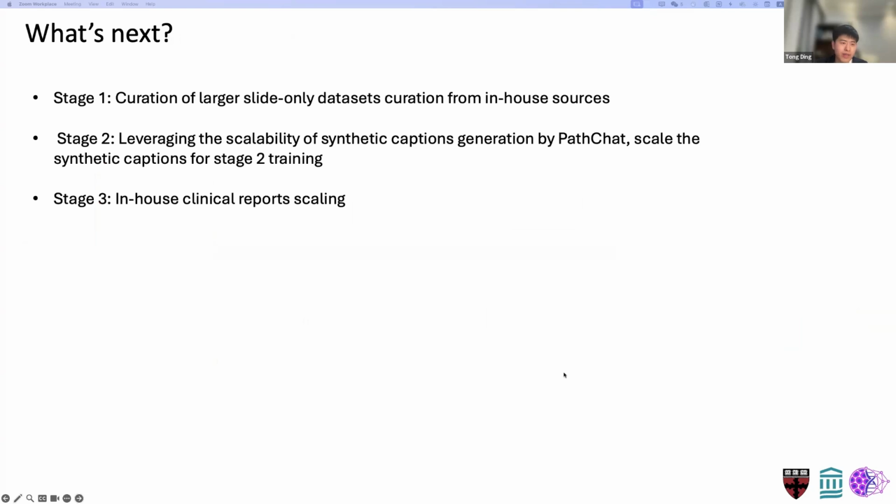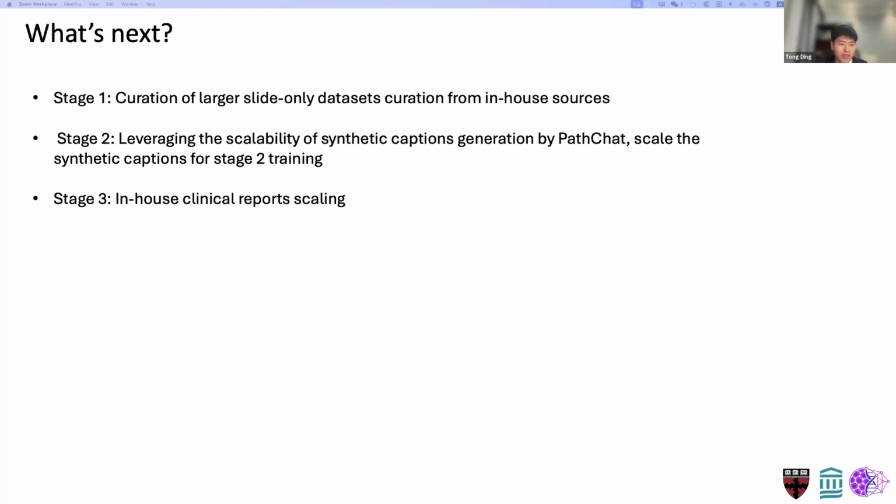Okay, so what's next? So first of all, we of course want to further create a larger slide dataset from our in-house source to further scale our vision only model, as we see very promising scaling law there.